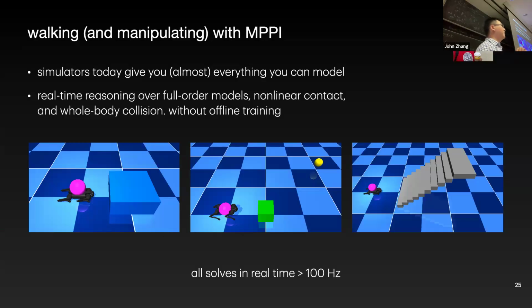So if you spend all the compute solving one problem perfectly, you're fundamentally solving the wrong problem. What you want is to close the real-time feedback loop quickly, get an answer that's better than the solution currently running on your robot, send the current best solution to your robot, and do that as fast as possible.